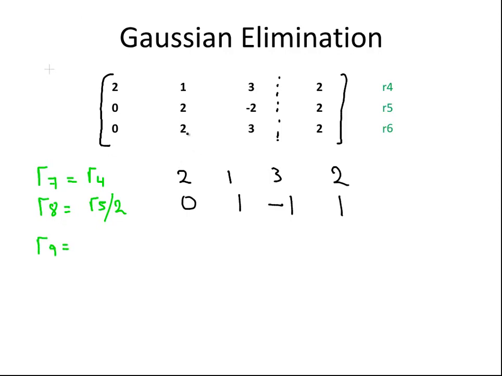And what we're going to do here is subtract R5 from R6. So we're working in the opposite direction. From R6, we're going to subtract R5. From 0, we subtract 0, that's 0. From 2, subtract 2, that's 0. From 3, subtract minus 2, that gives us 5. And from 2, subtract 2, that gives us 0. So that's where we're at now.